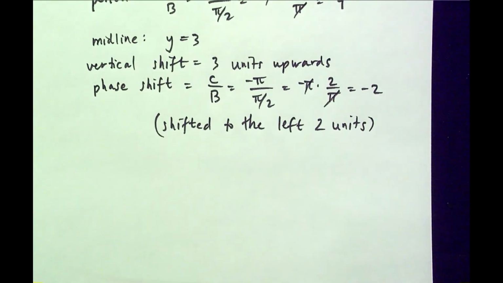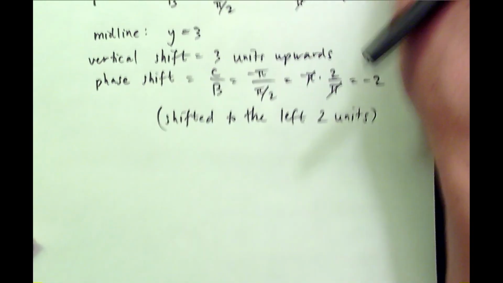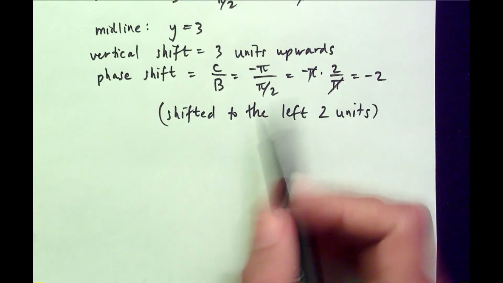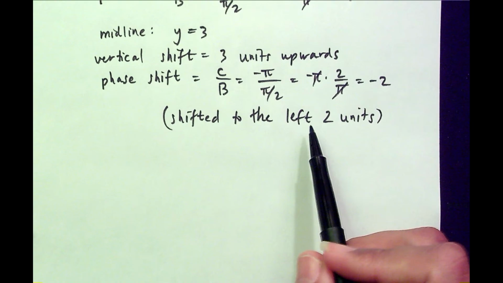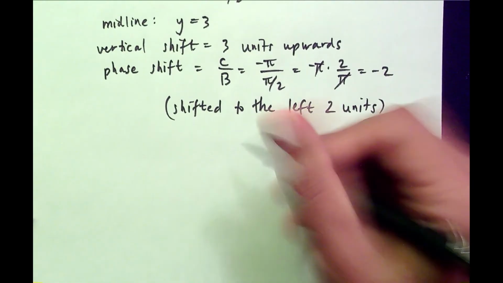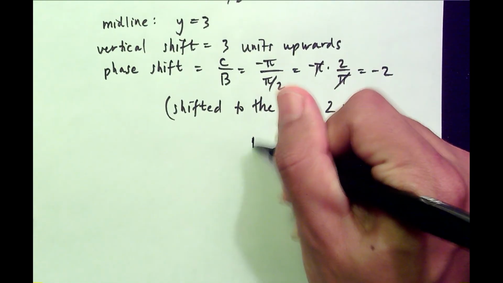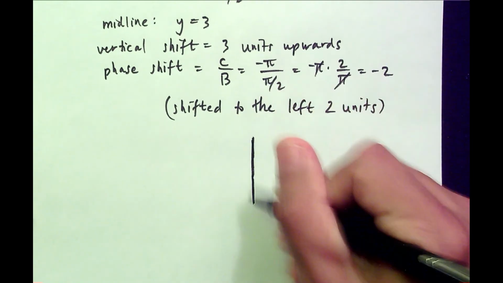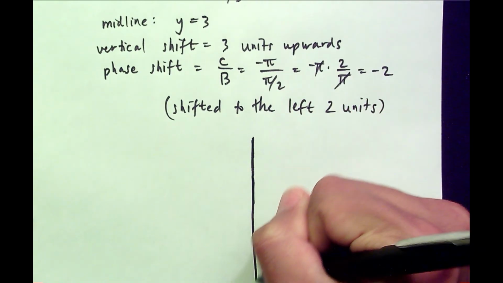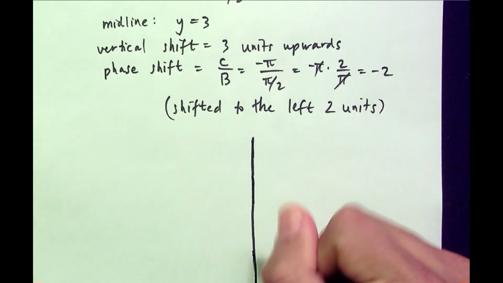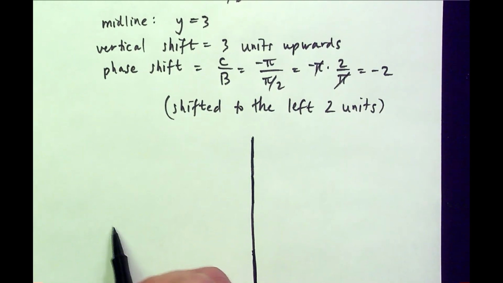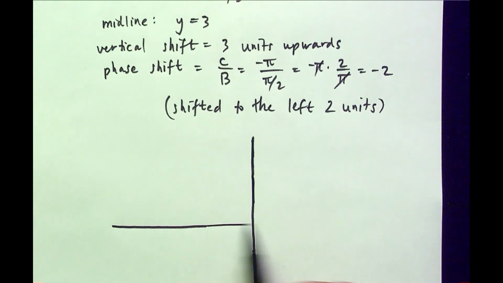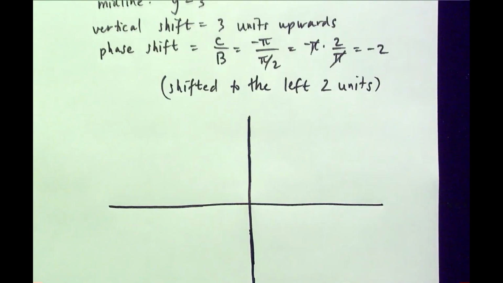All right. Anyway, so now let's draw our graph. The original graph is shifted to the left, so I'm going to leave a little bit more room on the left side now. There you go. So those are my axes.